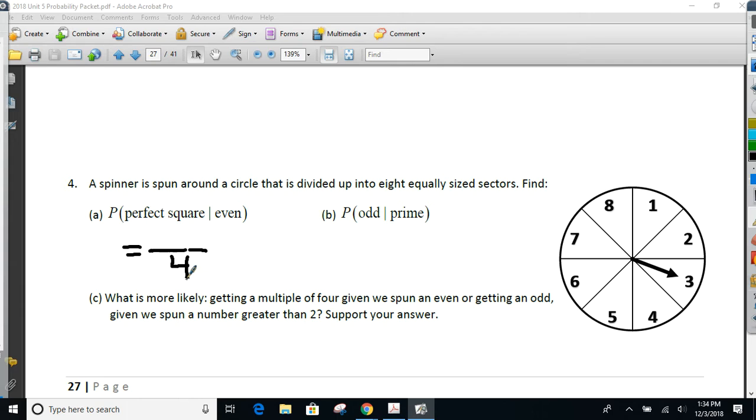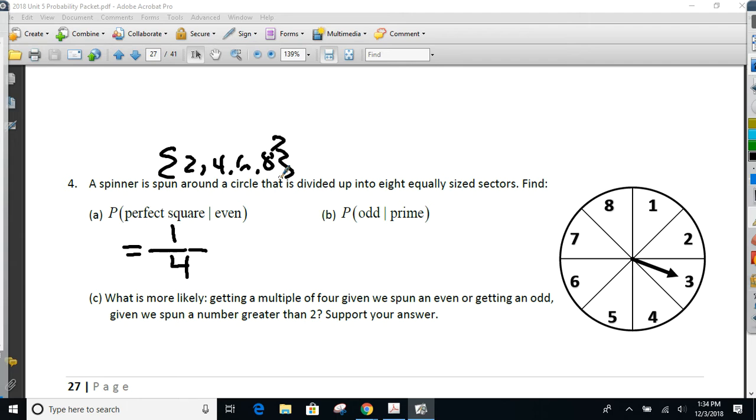How many numbers on that spinner are perfect squares and even? The number 4, right? So this is just 1 out of 4. Okay, because remember, it's not out of 8 anymore. It's out of all the evens. So here's what we're doing: we're taking 2, 4, 6, and 8 on the spinner and saying, now, what are your chances of getting a perfect square? 1 out of 4 chances. Good? Everyone else, all right?